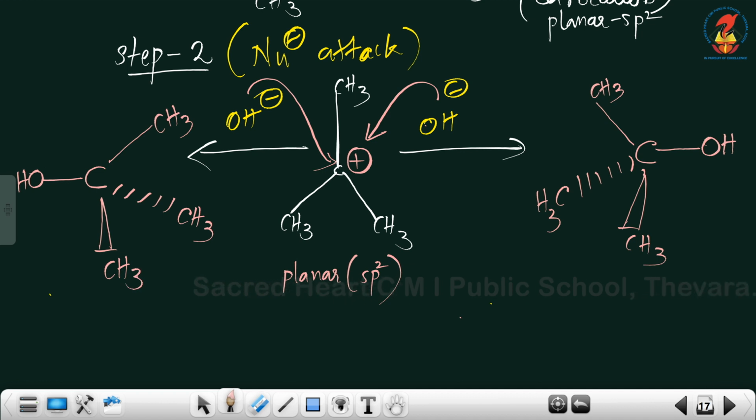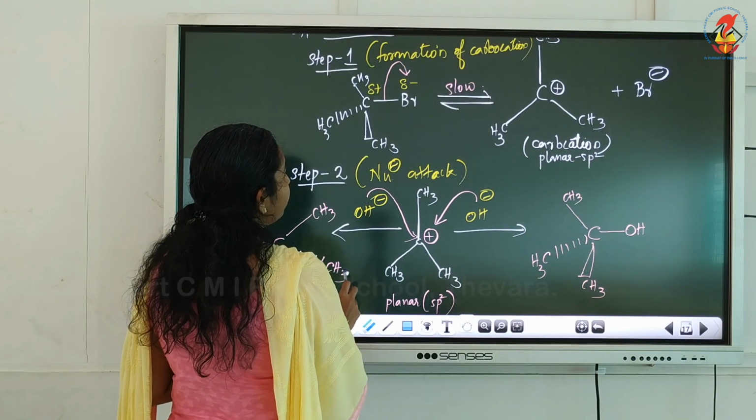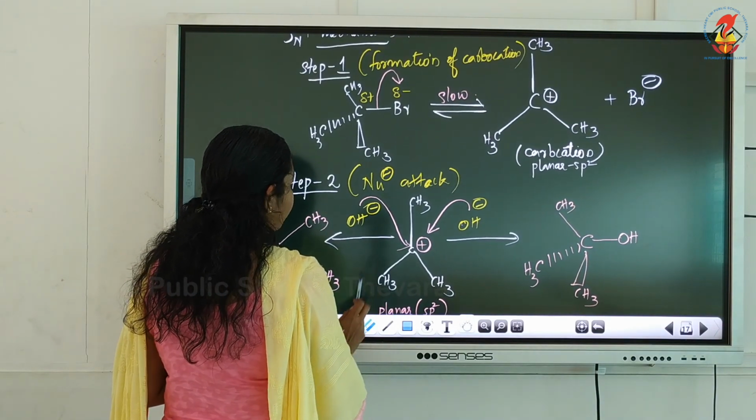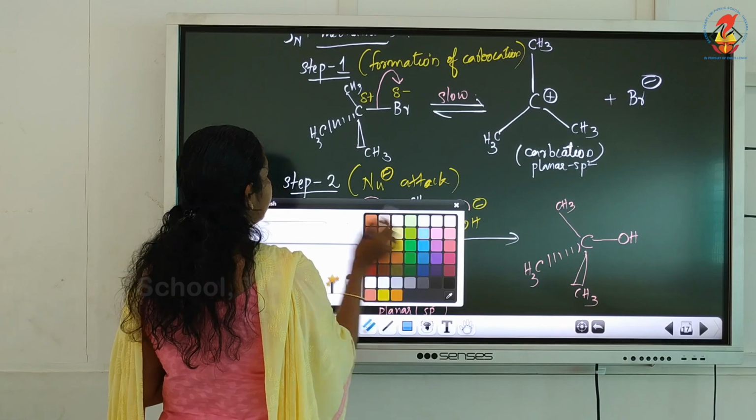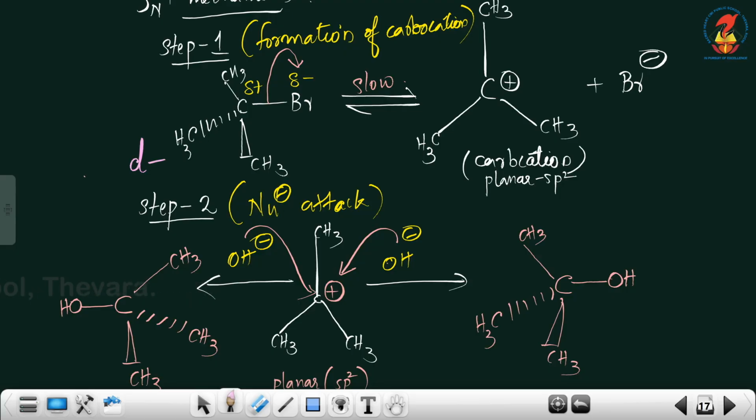Now look at the structure of the products. In the first step, suppose we are taking a D-isomer. What is happening in the first step?